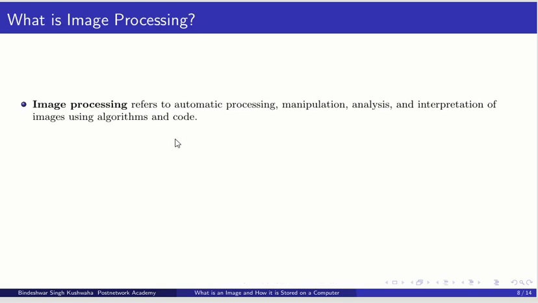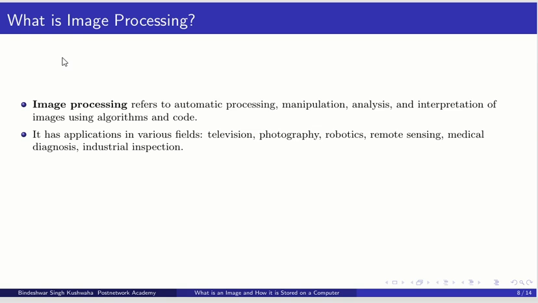What is image processing? Basically it refers to automatic processing, that means the image is processed automatically. Manipulation, and also image analysis and interpretation, both, that use algorithms and code, that is called image processing. And it has several applications: photography, robotics, remote sensing, medical diagnostics, industrial inspection, and also content generation.